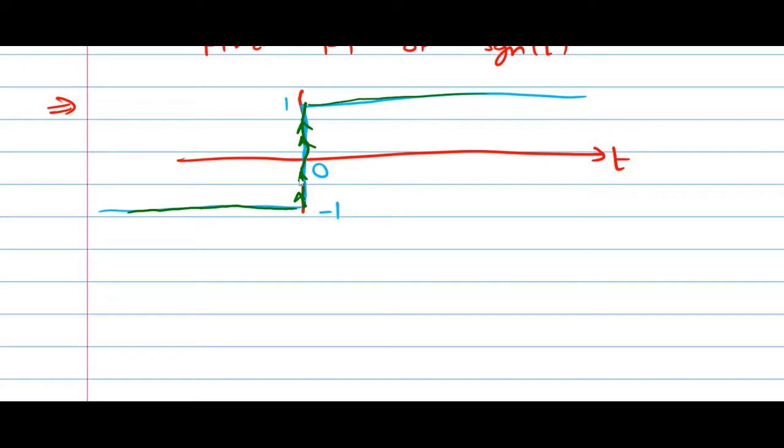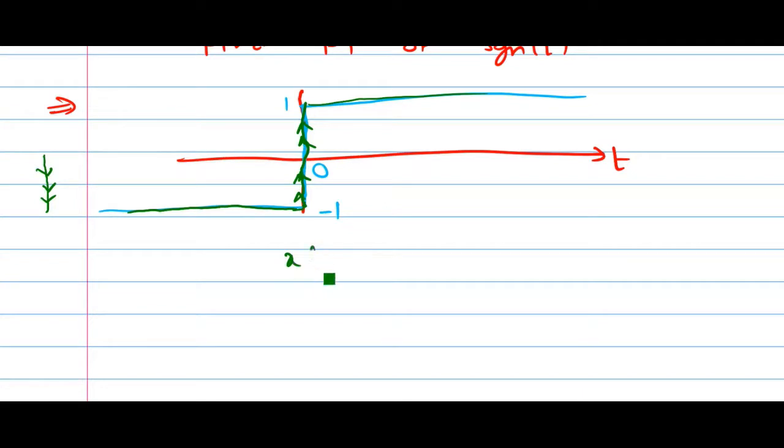So whenever the signal goes from lower to upper side, then the derivative is a positive impulse. If a discontinuous function goes from positive to negative side, then in that case it is a negative impulse.